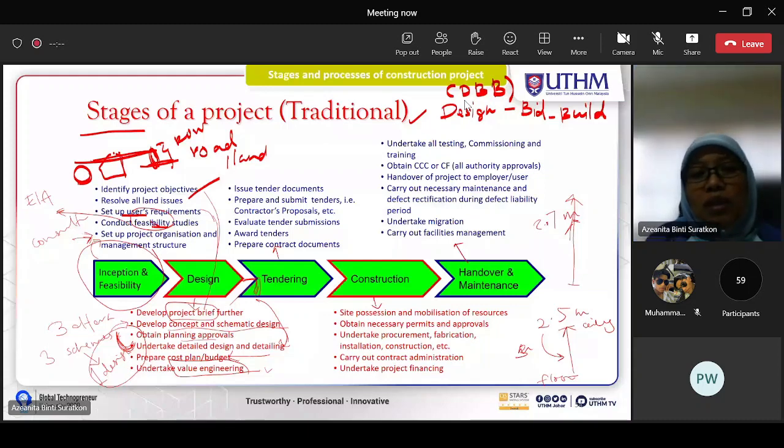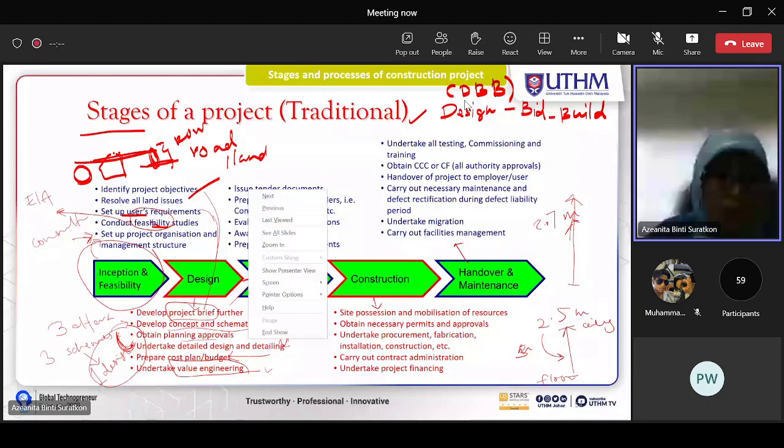So normally, to get a more competitive tender, it is actually better that we use open tender. Okay, so issuing the tender document is the responsibility of the consultant.